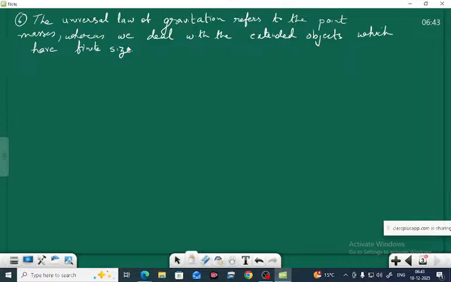Now these are the few characteristics of gravitational force. Number 7, this is the characteristics number 7.